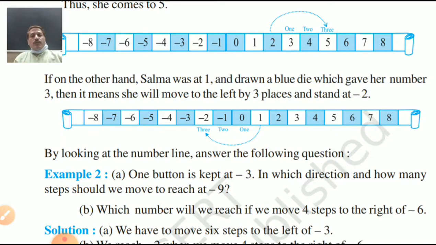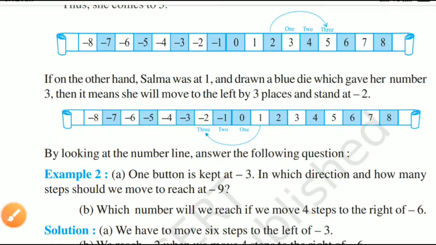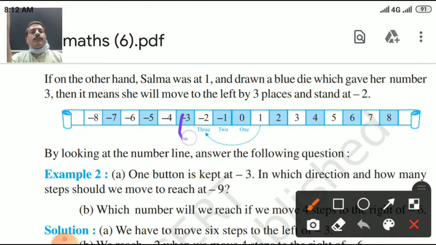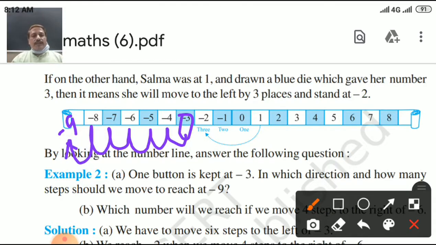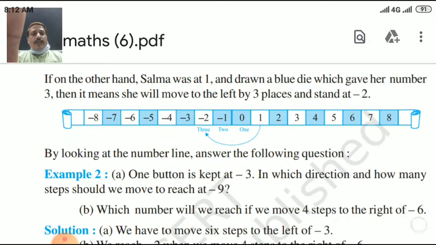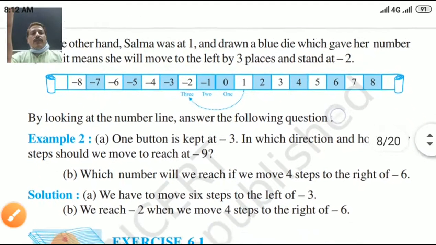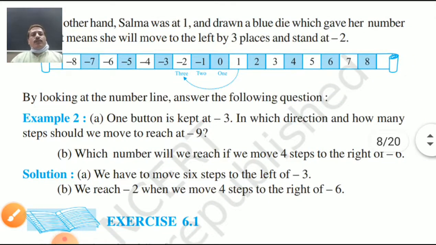We should move 6 steps to the left of -3. Students, see, you are standing at -3 and you have to go to -9. -9 is here. How many jumps has he to take? 1, 2, 3, 4, 5 and at last 6. So to reach here, 6 steps are needed. In the same way, the answer to B is also here. We reach -2 when we move 4 steps to the right of -6.